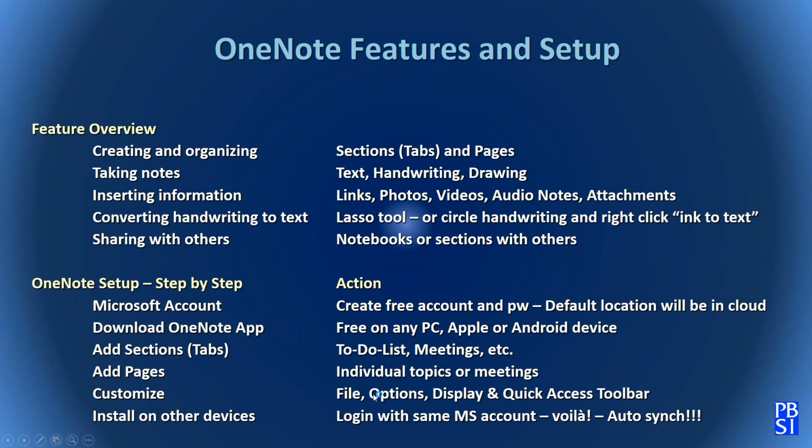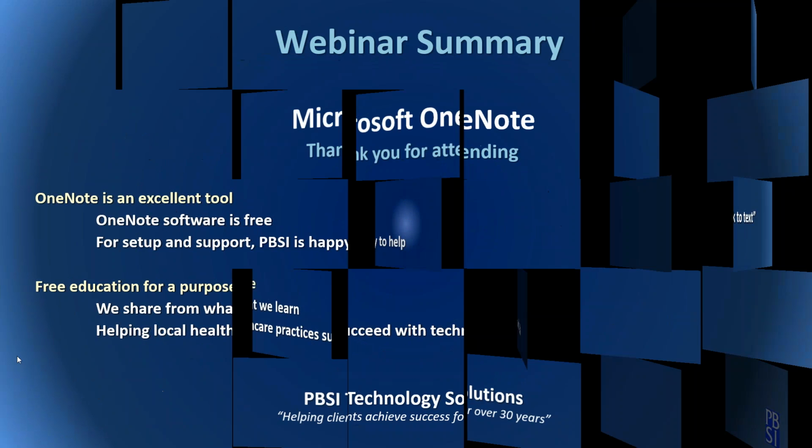Customize, they get synchronized across other devices. Install on other devices, just continue to go back. I have found with some technology, synchronization is difficult, but with OneNote, as long as you have a consistent single Microsoft account that you link to, you're golden. It's simple. I'd recommend you try it.